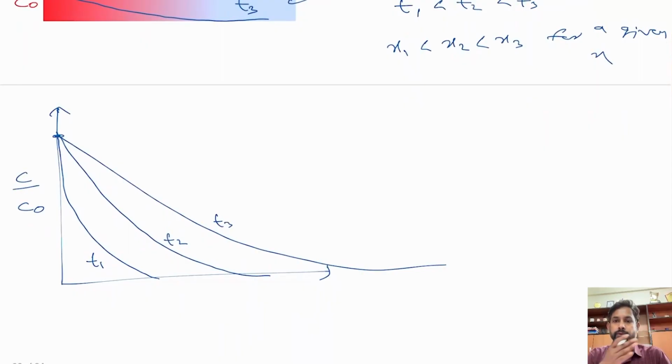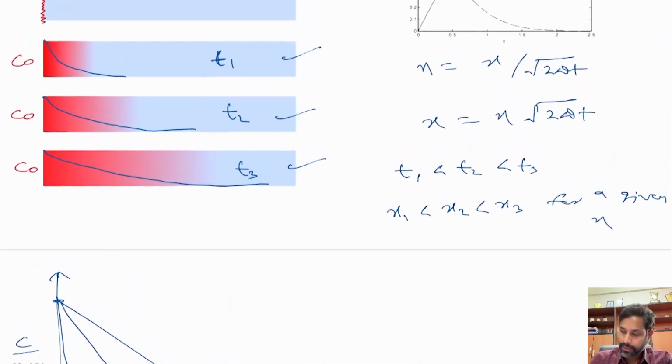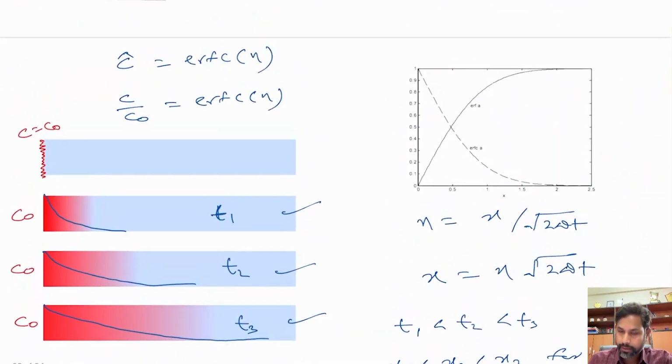And likewise, if your flow continues, you will keep getting this broadened concentration profile, or a thicker and thicker mixing zone between the salt water and fresh water, or between any fluids of different concentration.